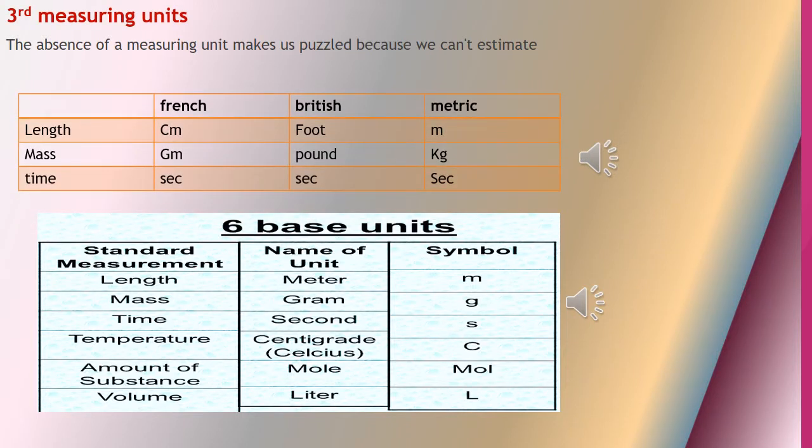Third, measuring units. When I say the mass of a boy is equal to 5, the absence of a measuring unit makes us puzzled because we can't estimate the mass, because it may be 5 kilograms or 5 grams. So the absence of a measuring unit makes us puzzled. We can't understand the mass of the body.